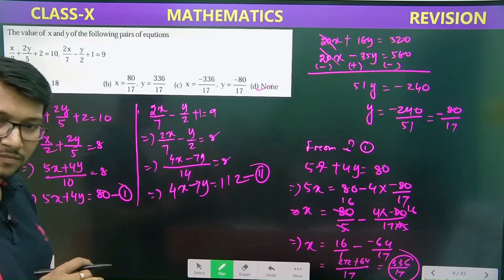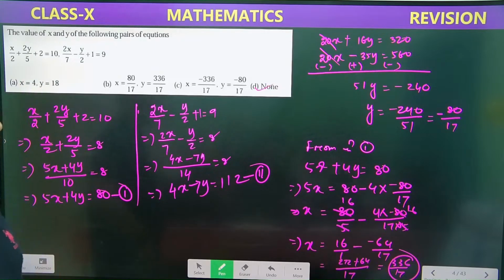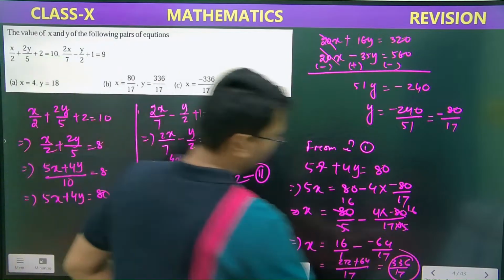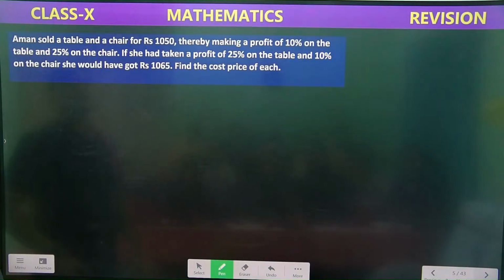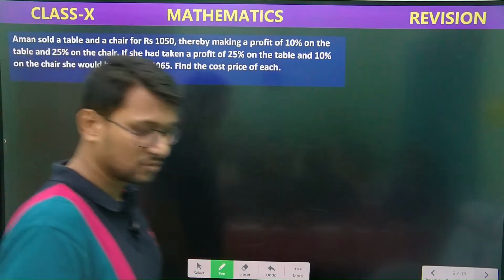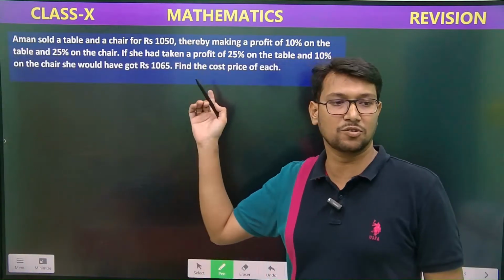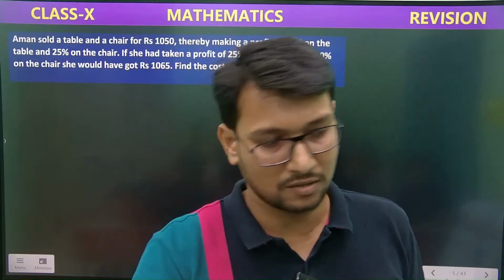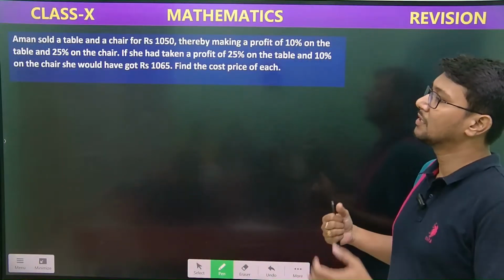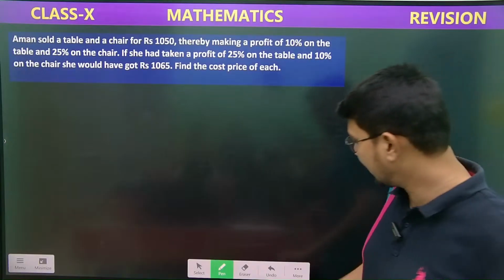Okay, moving to the next question. Solve this question. Has everyone finished the previous question? Anyone left who has not solved? Solve this question quickly, time starts now.